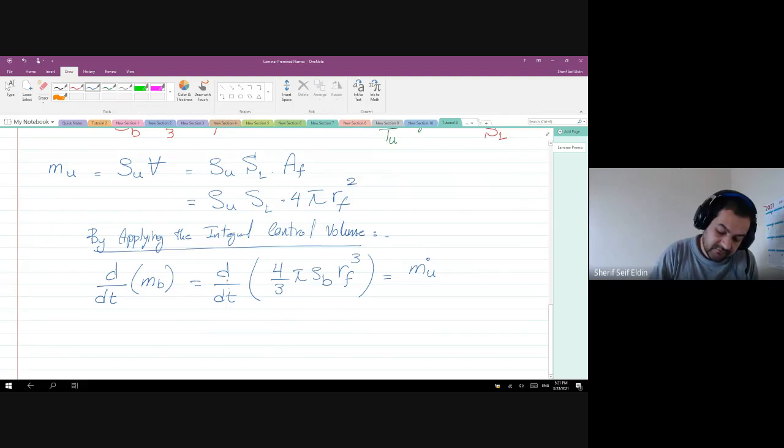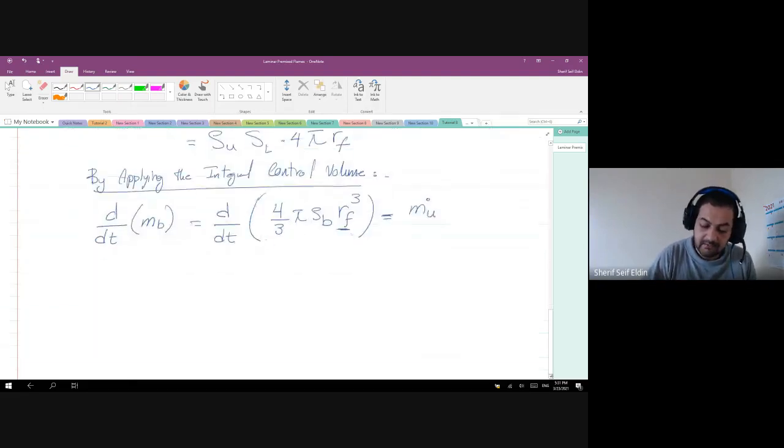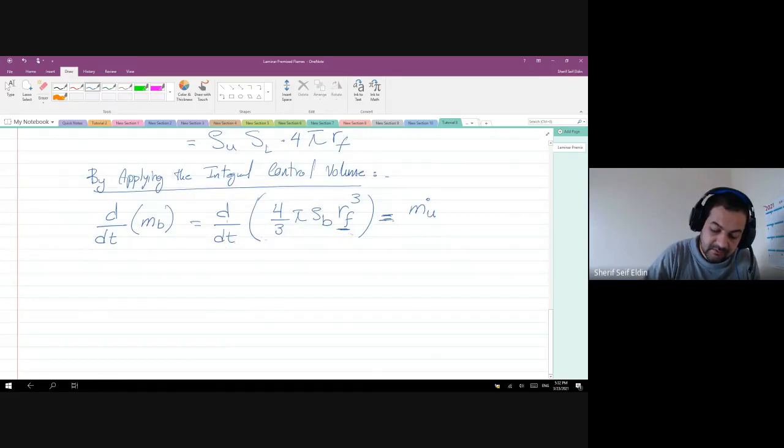So if we do d by dt, what is the parameter that is a function of time here? It is the radius of the flame, because the radius of the flame is not constant with time. And this is equal to the mass of the unburned gases, because the mass of the unburned gases is supposed to be constant, right?